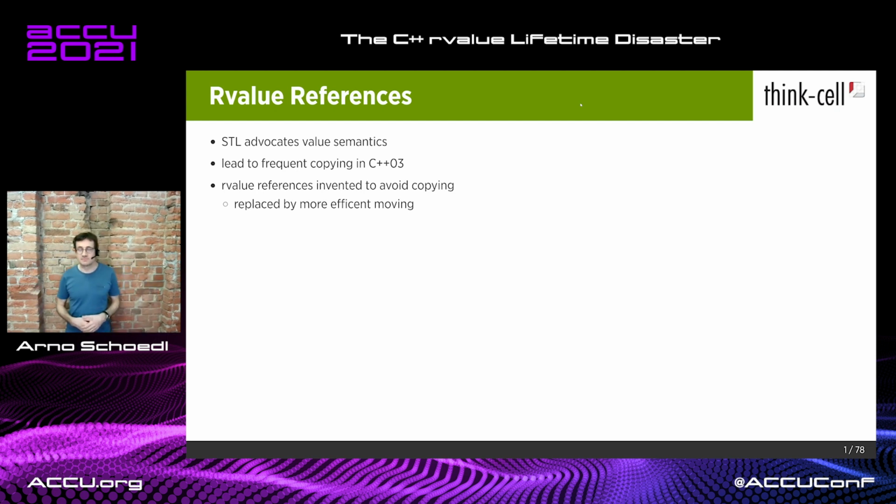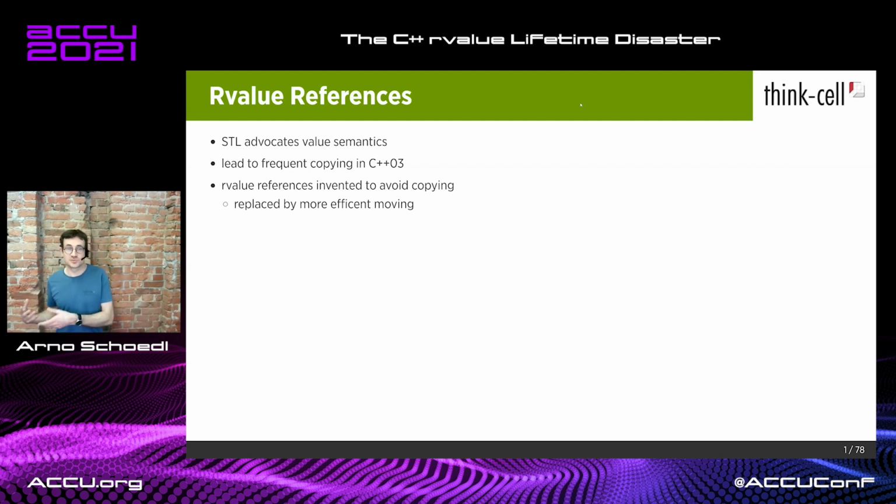It was pretty obvious that to get the performance up, we would need to get rid of this copying. And the idea was, if we could mark certain references as, this reference will go away pretty soon, then we could take whatever resources the referenced object is holding on to and move them over to the copy. That would make copying a whole lot more efficient.